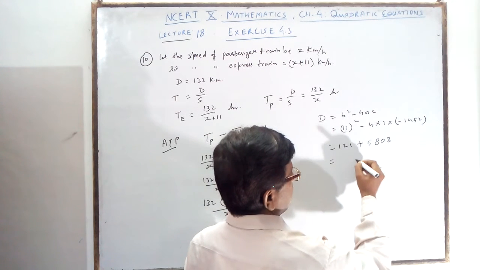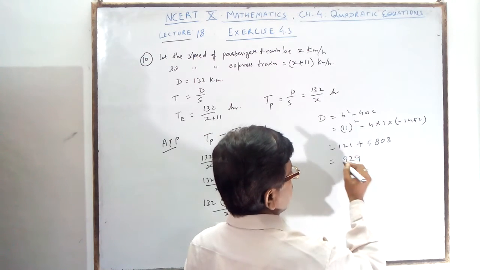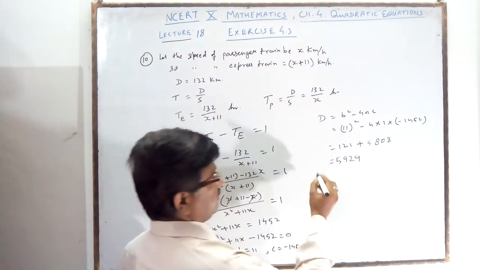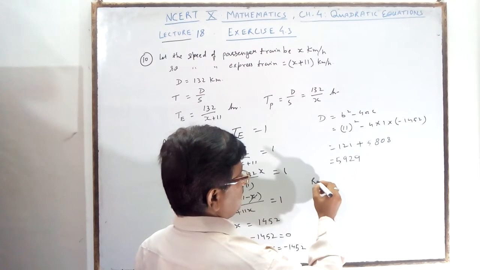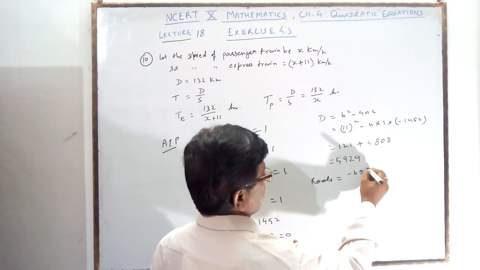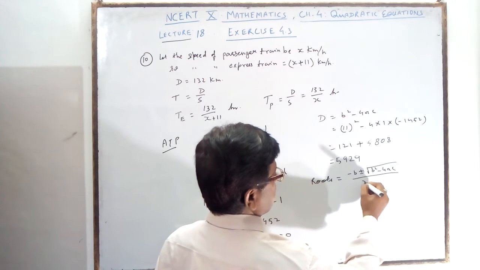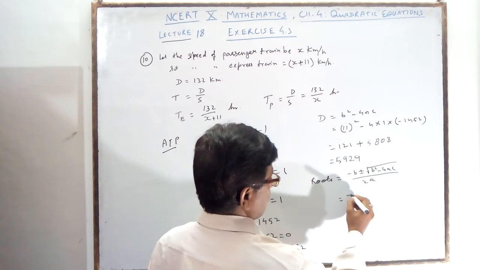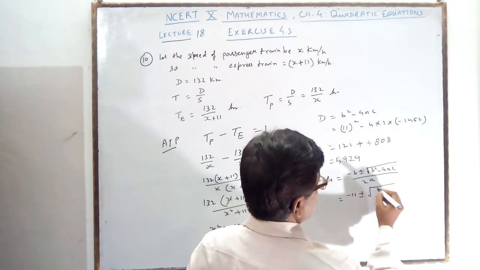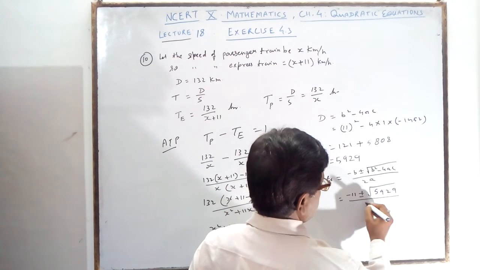So 8 plus 1 is 9, 2 plus 1 is 3, 5 9 2 9. 5929 is greater than 0, so roots exist. The roots are minus b plus minus under root b square minus 4ac by 2a. Put the values: minus 11 plus minus under root 5929 upon 2 into 1.